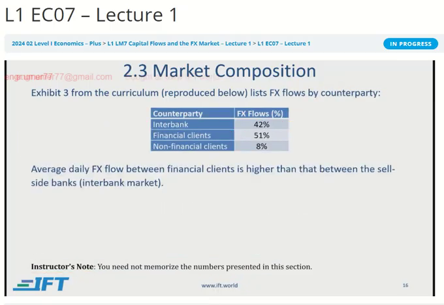The second data shared over here is that the biggest people who are doing these transactions are financial clients. Think of companies, think of high net worth individuals, think of sovereign wealth funds, think of other financial funds, mutual funds, hedge funds, so financial clients. And then of course you have your interbank, so banks doing it among themselves.